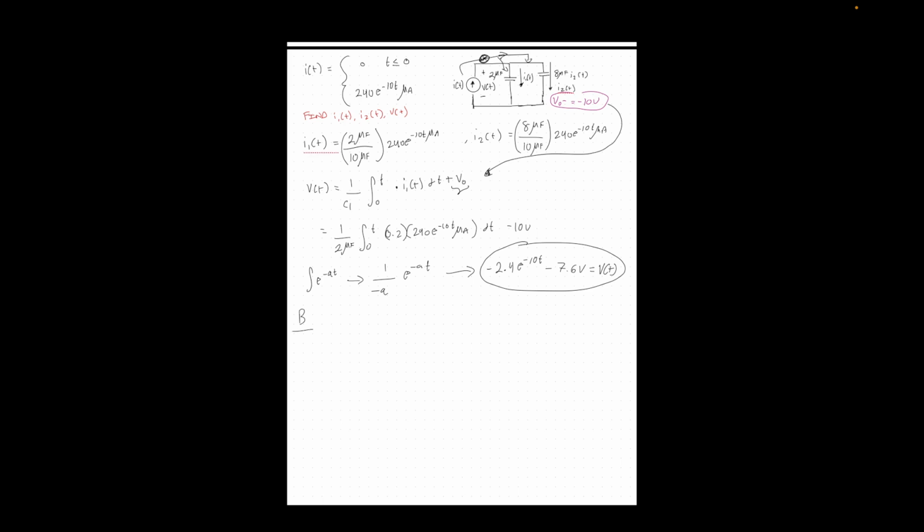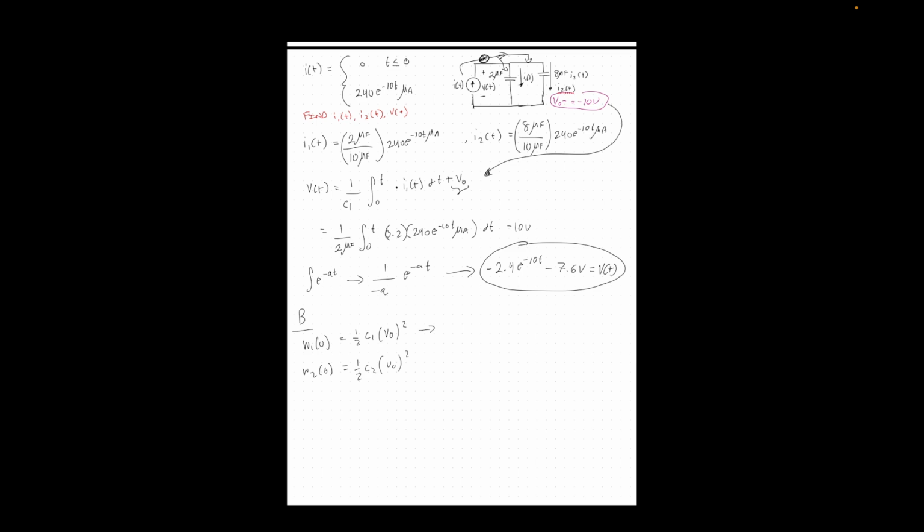So when we're evaluating the energy, we're going to express it as W1 of 0. We're going to have a W2 of 0, and each one is going to be equal to 1/2 C1 times V of 0 squared, 1/2 C2 V of 0 squared.